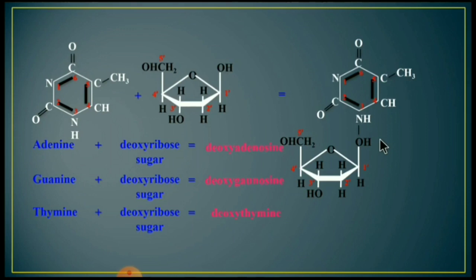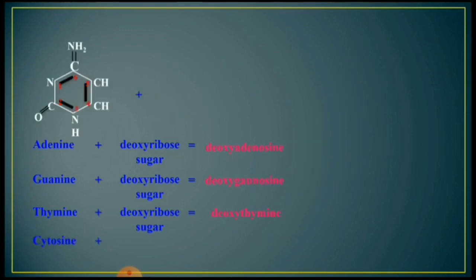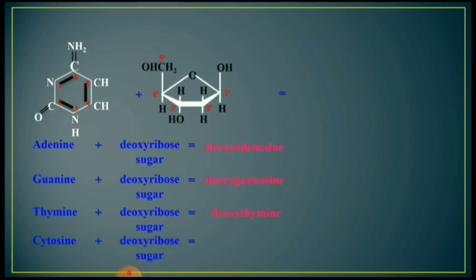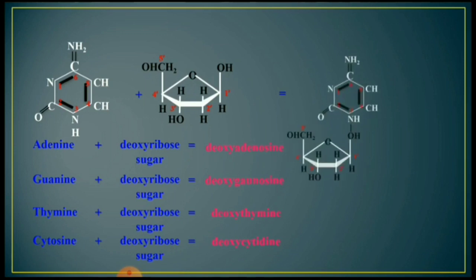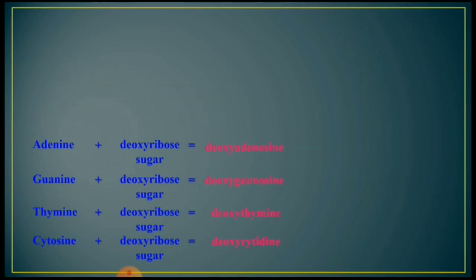Why? Because thymine is pyrimidine. And the fourth one, cytosine combines with deoxyribose sugar to form deoxycytidine.